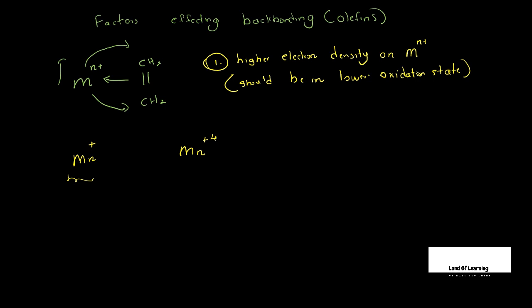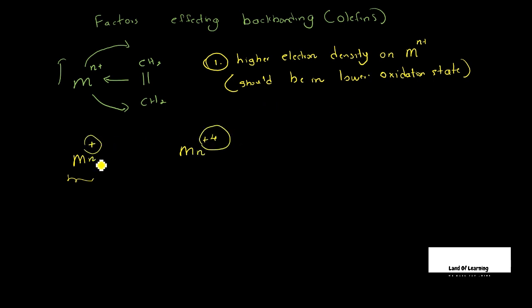But in order to have the back bonding phenomenon, the metal center should contain electrons, because the metal center is the one contributing to the back bonding. It is the one donating electrons to the ligands. If our metal center doesn't have enough electrons to contribute, it won't do the back bonding. So the metal center should be in a low oxidation state, not a high oxidation state.